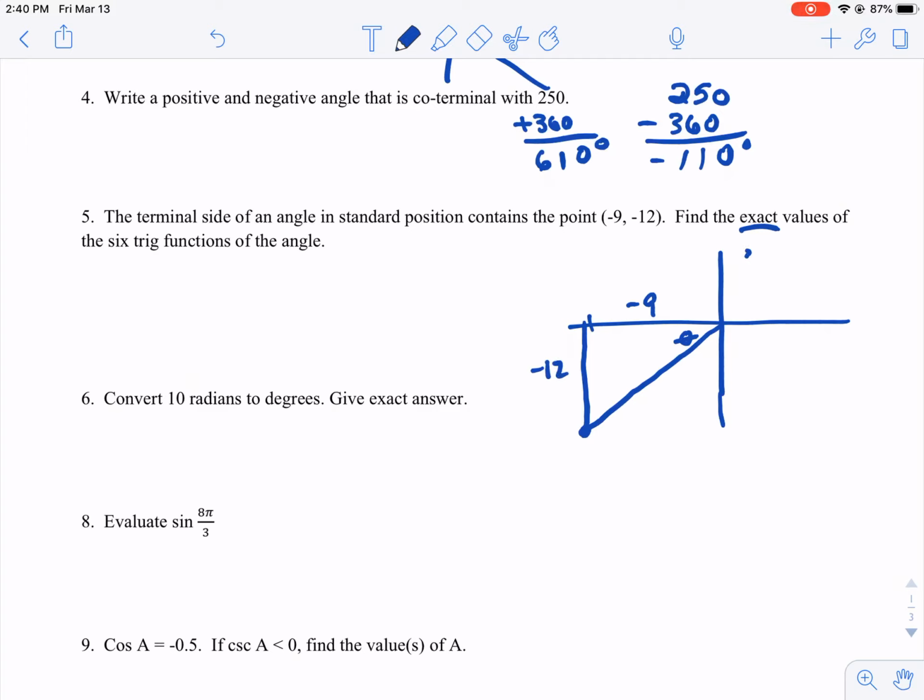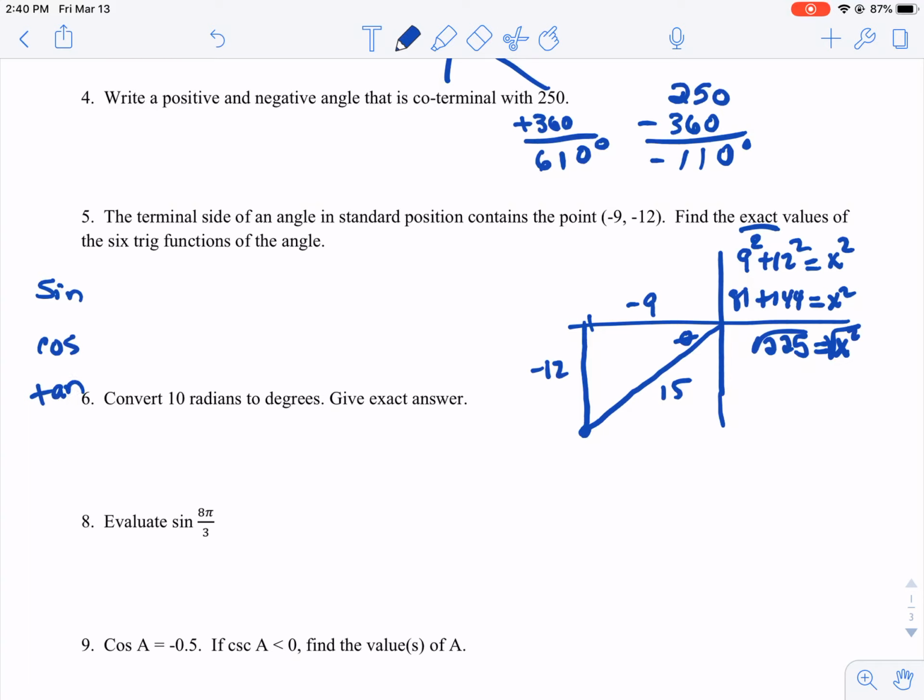So Pythagorean theorem, 9 squared plus 12 squared equals x squared. 81 plus 144 is 225. So when we square root it, we end up with 15. All right, 6 trig functions then. Sine, cos, tan.